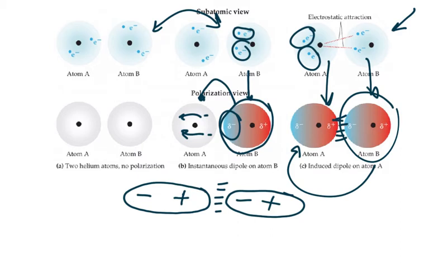Well, guess what? That little attraction that lasts for a split second is what we call a London dispersion force. It's what causes nonpolar molecules to interact. It's very weak because it only lasts for a split second, and it is between two different atoms or two different molecules, as you can see here.